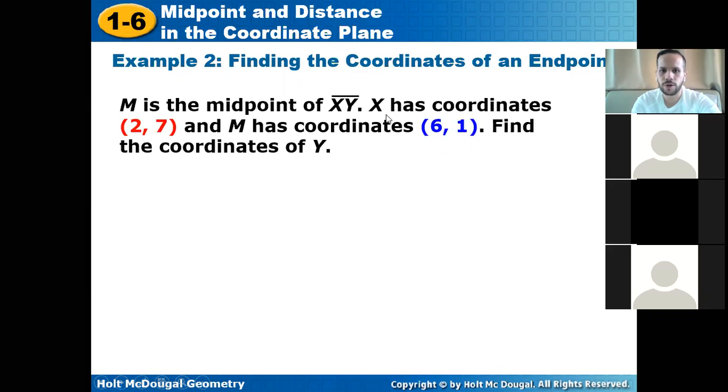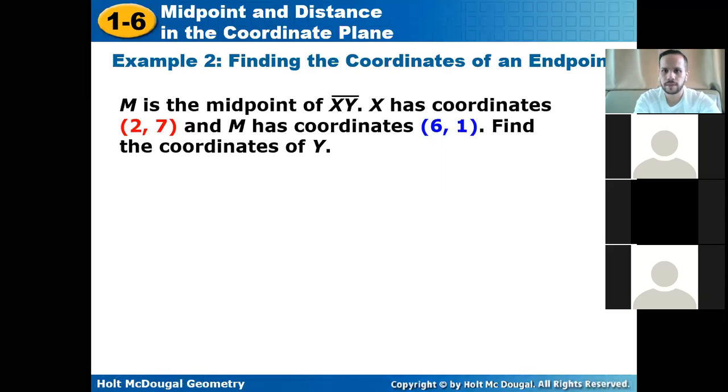X has coordinates of 2, 7, and M has coordinates of 6 and 1. So we're gonna be finding the coordinates of Y. Let's try to do this example. It's gonna be a little different, but let's try to do it.